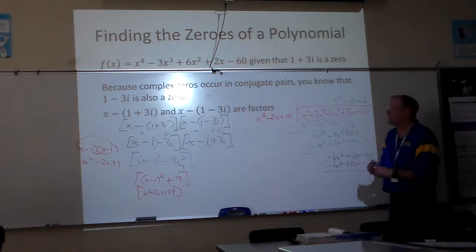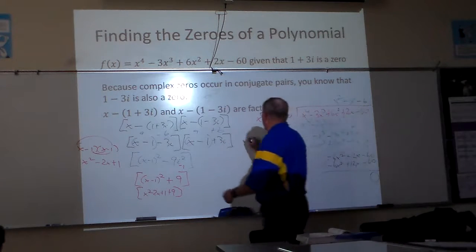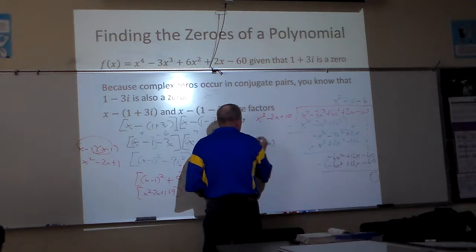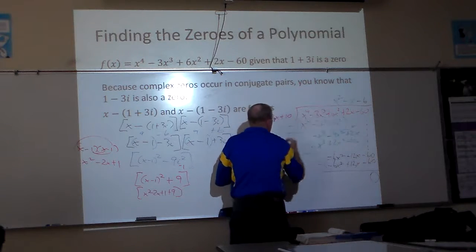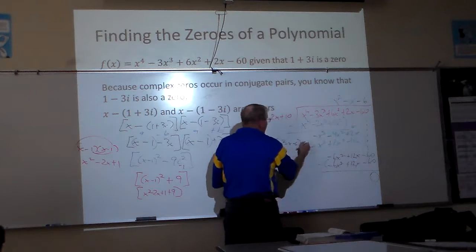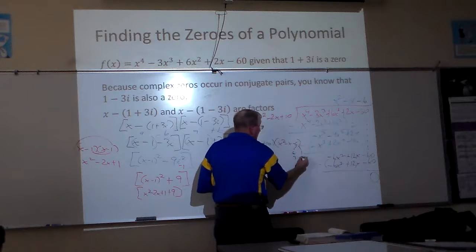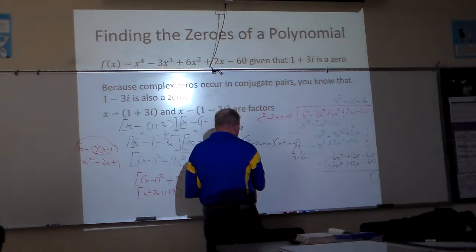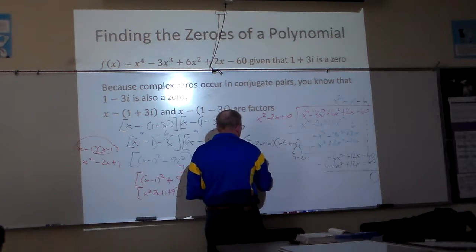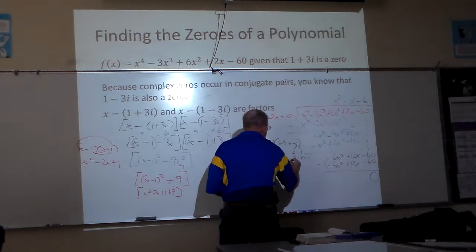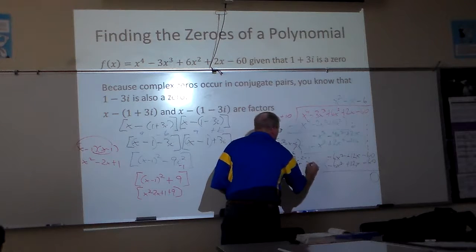So what I know is this: I have x squared minus 2x plus 10 times x squared minus x minus 6. Now, this will factor: 6 and 1, 3 and 2. 3 minus 2 makes 1. So let's be careful. My x squared minus 2x plus 10 times, I'll have an x with a 3, x with a 2.